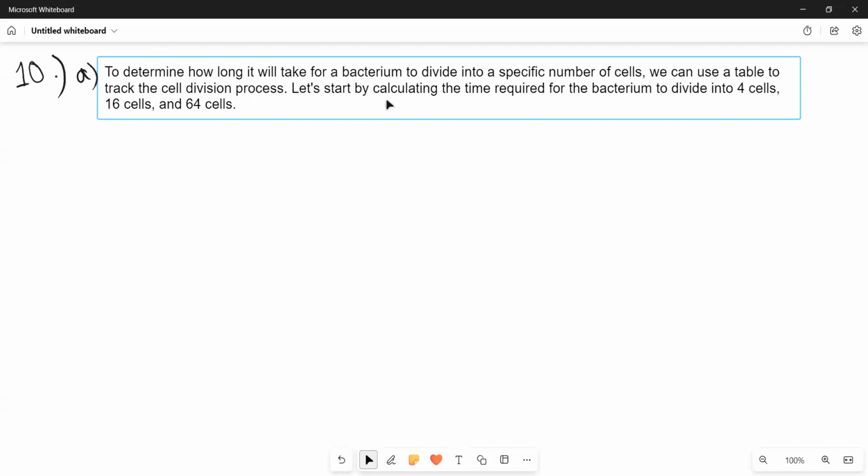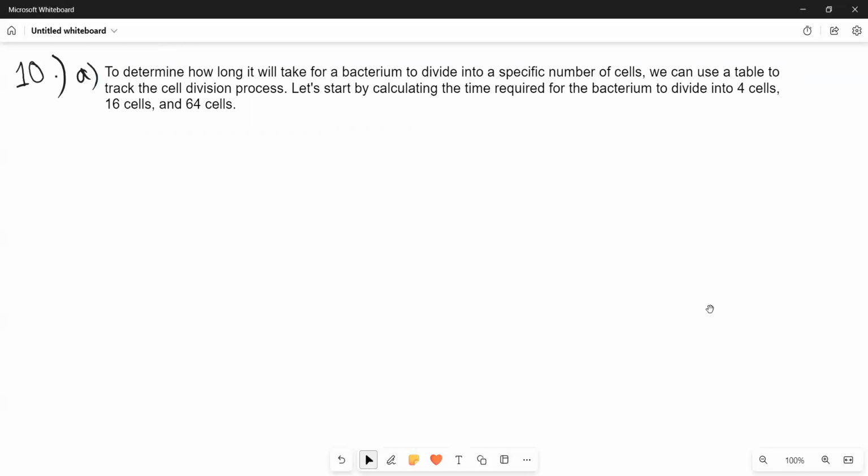Let's start by calculating the time required for the bacterium to divide into 4 cells, 16 cells, and 64 cells, right? As mentioned, the question is also asking us how long will it take for one cell to divide into 4, 16, and 64 cells, isn't it? So as per the question we have written that, okay?